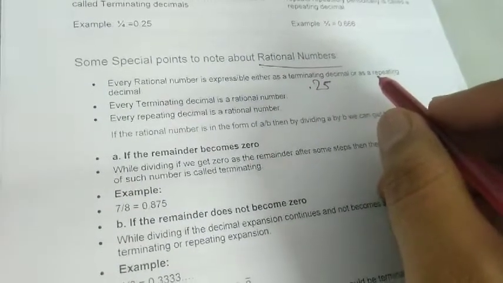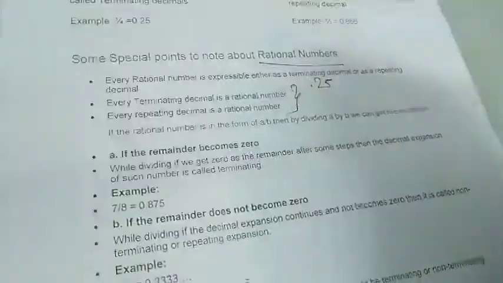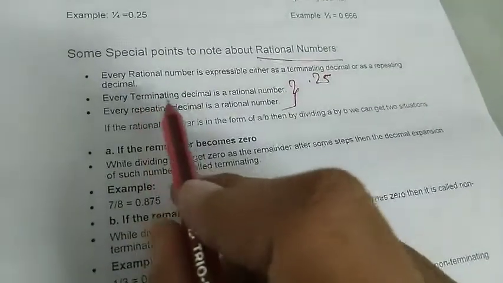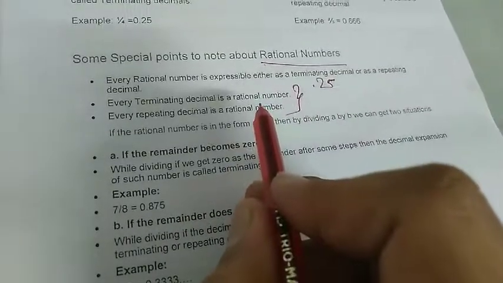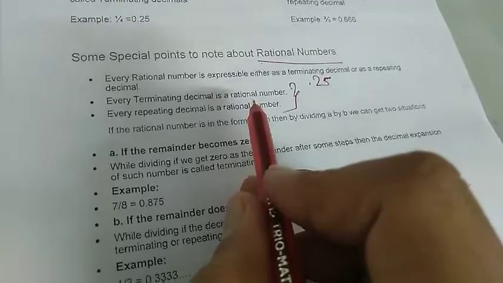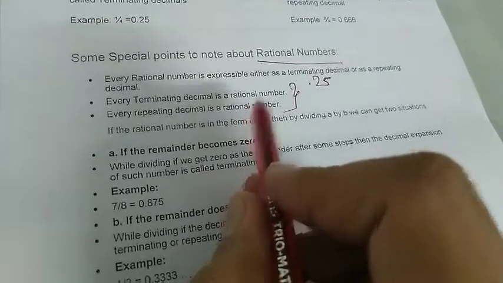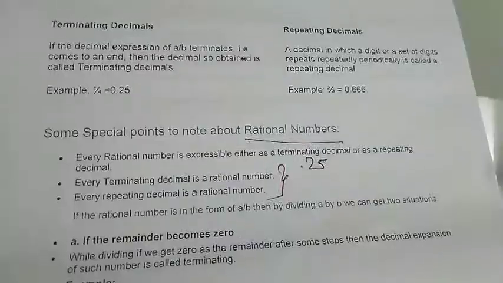If you want to get it clear, I am explaining further that every terminating decimal is a rational number. Every decimal that terminates will be a rational number.